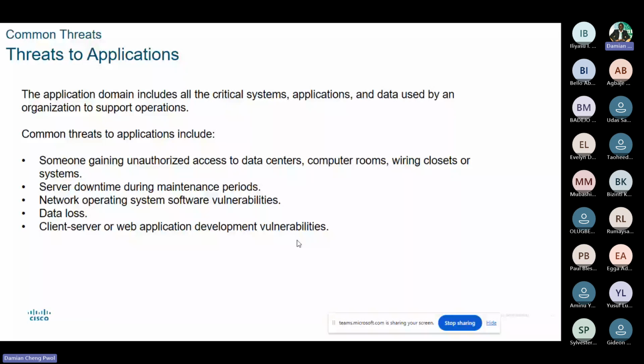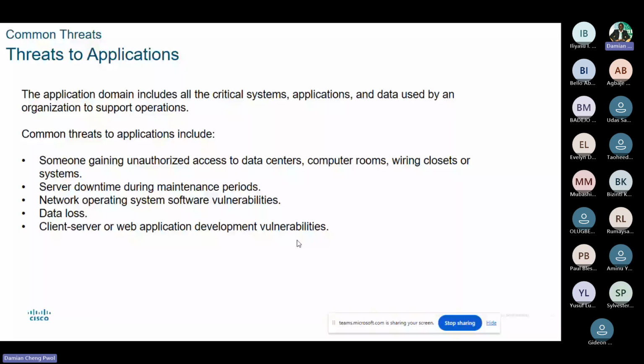In that facility, it has its own independent power. It has its own IT personnel that maintain the system. Then you have several servers that are being monitored at the same time using a KVM switch. So computer rooms, wiring closets, or systems.